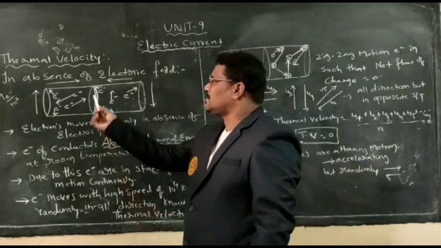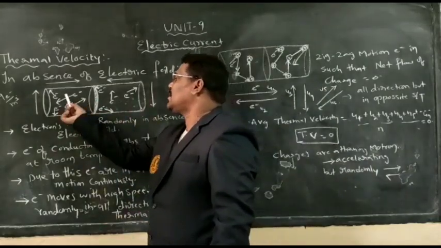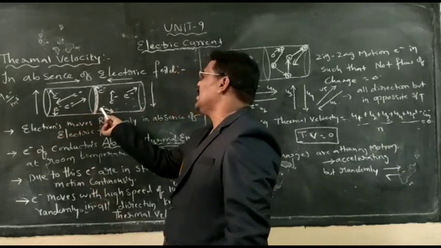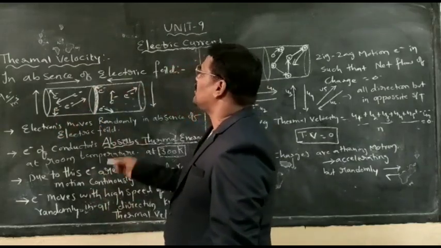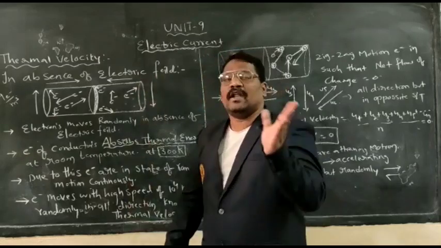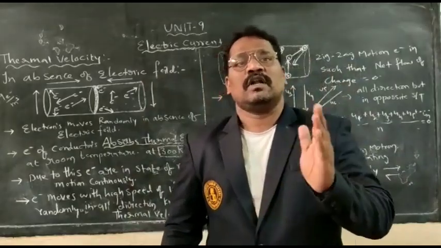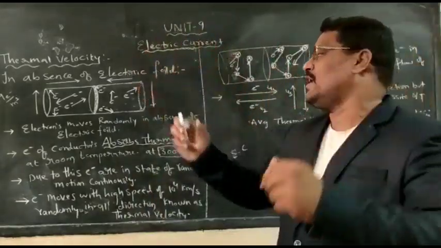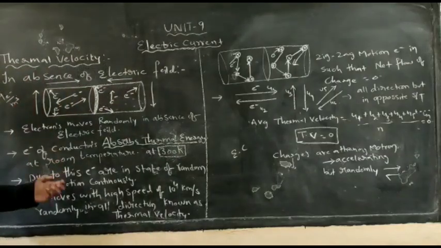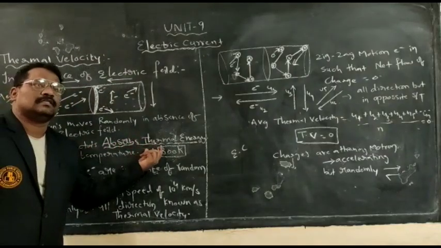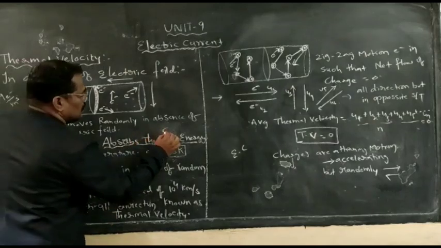If you observe the electrons within this conductor, we see that electrons are moving randomly. Electrons are moving randomly in the absence of an electric field. When an electric field is not applied, electrons move randomly in all different directions. And these electrons absorb a certain quantity of energy, that is nothing but what? Thermal energy. From where is this energy absorbed?